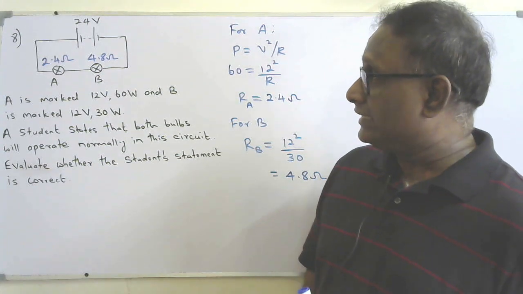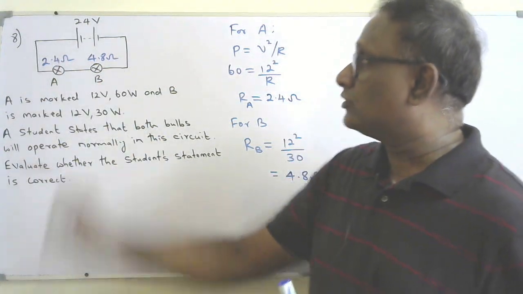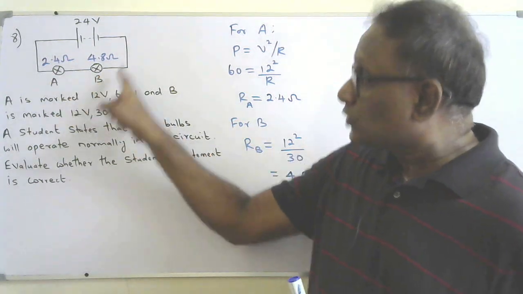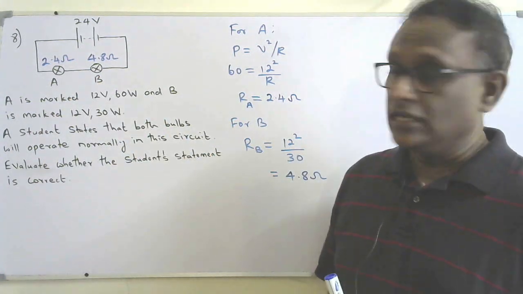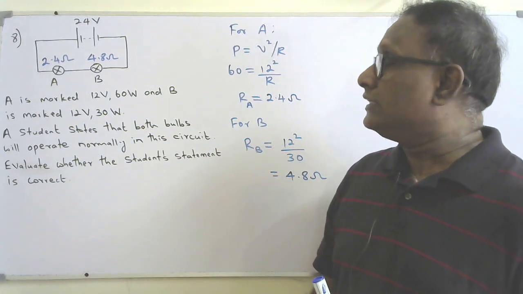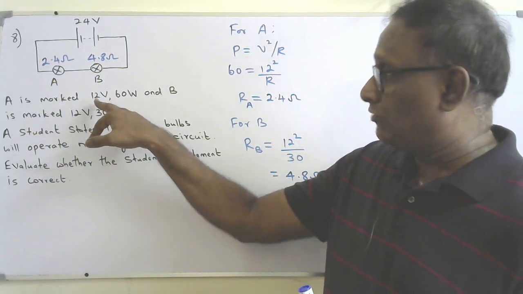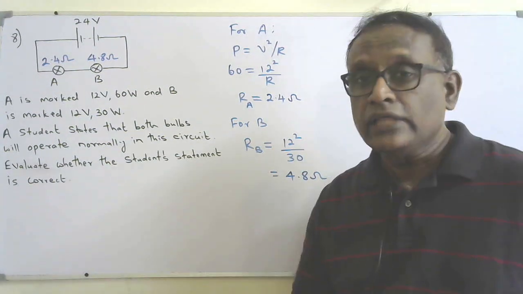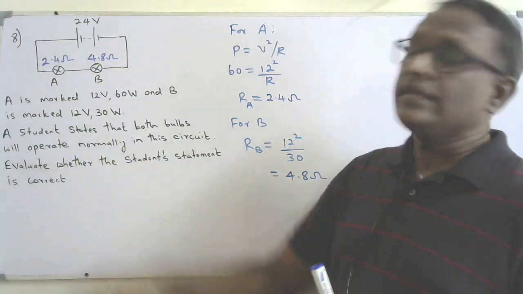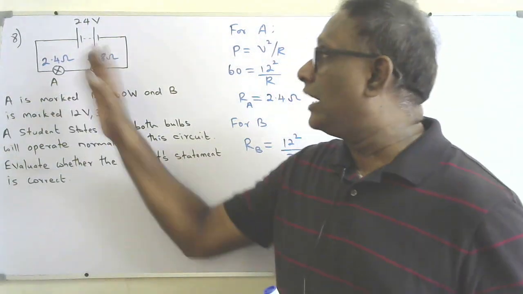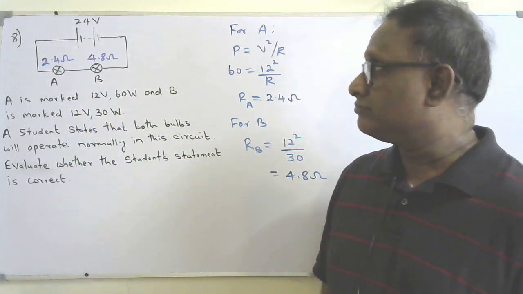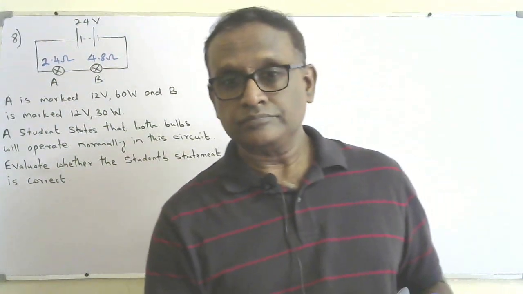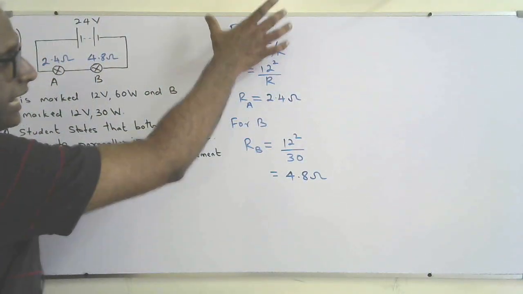It will be divided at the ratio of 2.4 to 4.8. That means the voltage across B will be twice the voltage across A. So bulb A will get a voltage lower than 12 volt and bulb B will get a voltage more than 12 volt. So bulb B might fuse and bulb A also will not function properly because the voltage across it is lower than 12 volt.